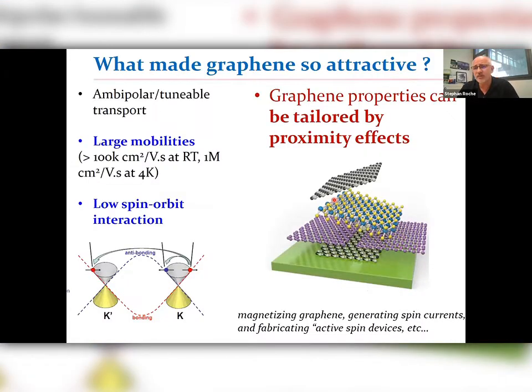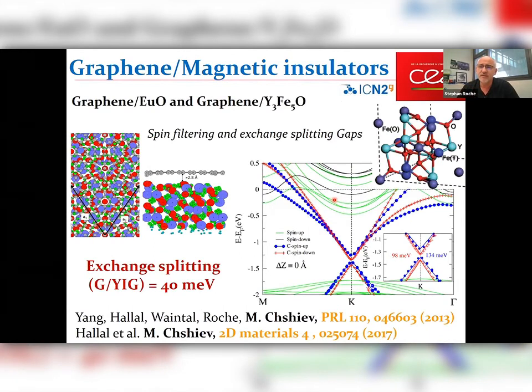One of the major aspects and most interesting properties of graphene is that not only can it transfer information over unprecedented scale at room temperature in scalable materials, but it can also be controlled by very weak proximity effects. Using a lot of different types of van der Waals heterostructures, we can achieve very interesting active spin devices.